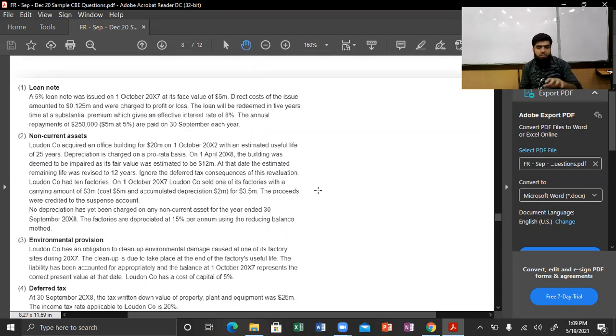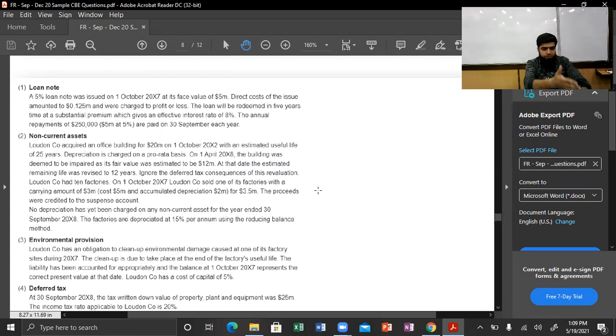So it's a summary of all the standards. Whenever you are solving a final account question, you will be revising and summarizing all those standards.